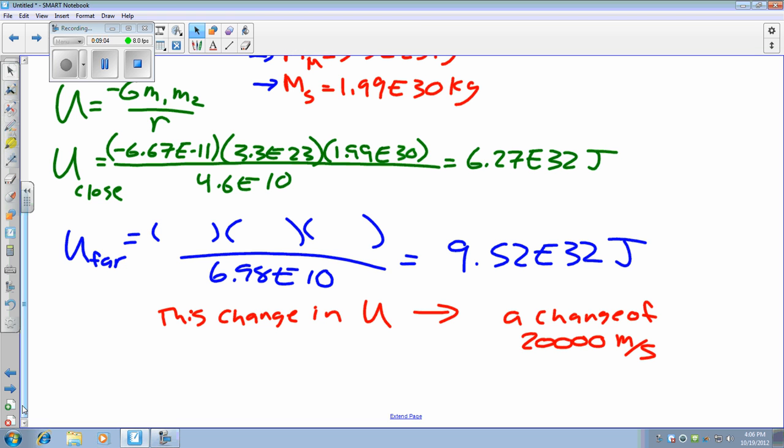So when Mercury is at its closest point, it's going 20,000 meters per second faster than at its farthest point. That's pretty significant, and that's one of the advantages of being able to calculate the gravitational potential for objects out in space. Thanks. That's it for potential and kinetic energy.